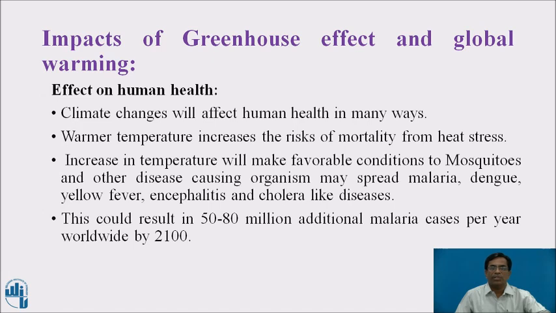Increase in temperature will create favorable conditions for mosquitoes and other disease-causing organisms, which may spread diseases like malaria, dengue, yellow fever, encephalitis and cholera. This could result in 50 to 80 million additional malaria cases per year worldwide by 2100.